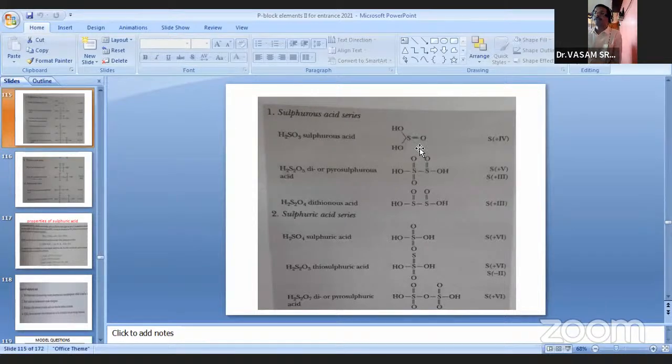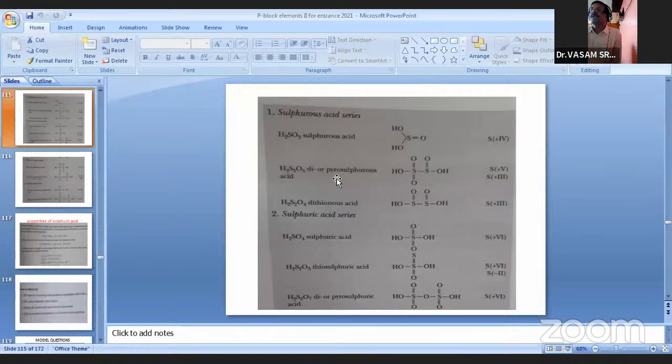So 1 lone pair is present here. That's why the geometry is pyramidal, and it is a dibasic acid because two OH groups are present around the central atom. And the sulfur oxidation state is +4. So here -2, -1, -1, total -4, going to the right side, +4.